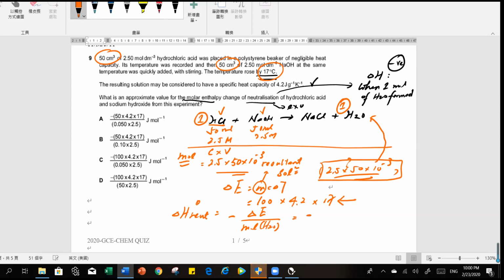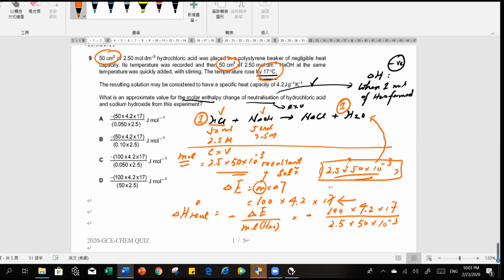So that will be negative 100 times 4.2 times 17 over 2.5 times 50 times 10 to the power negative 3. Now we look at the options. You don't have to work out the numerical value with your calculation because the options are in numbers, right? So let's check.